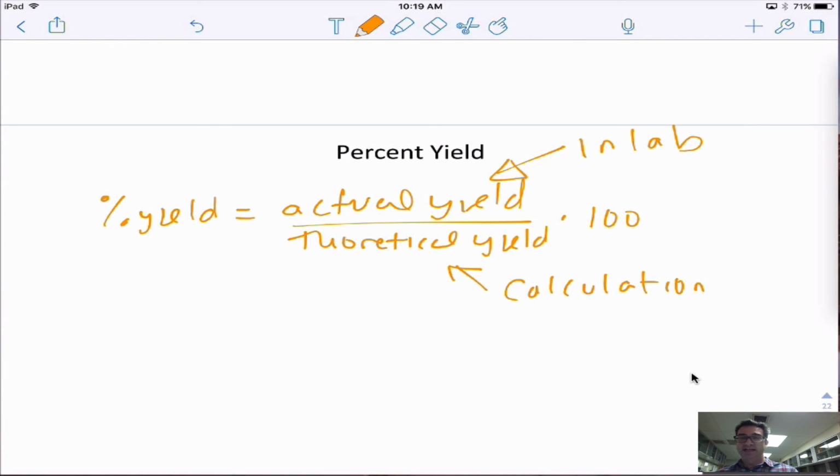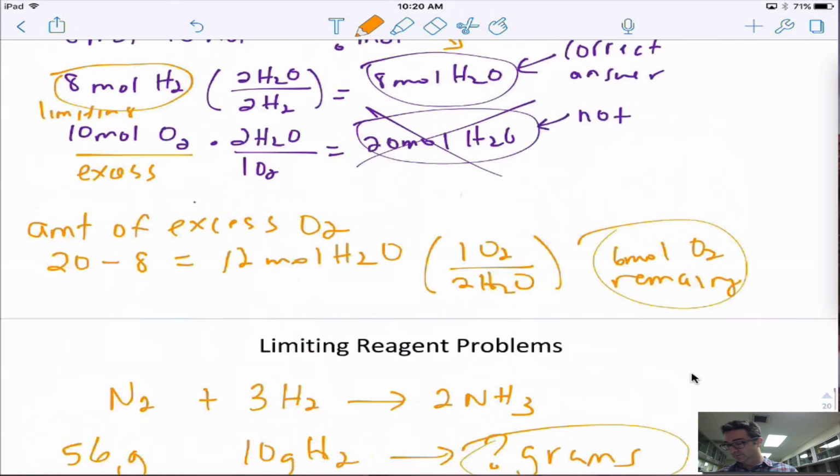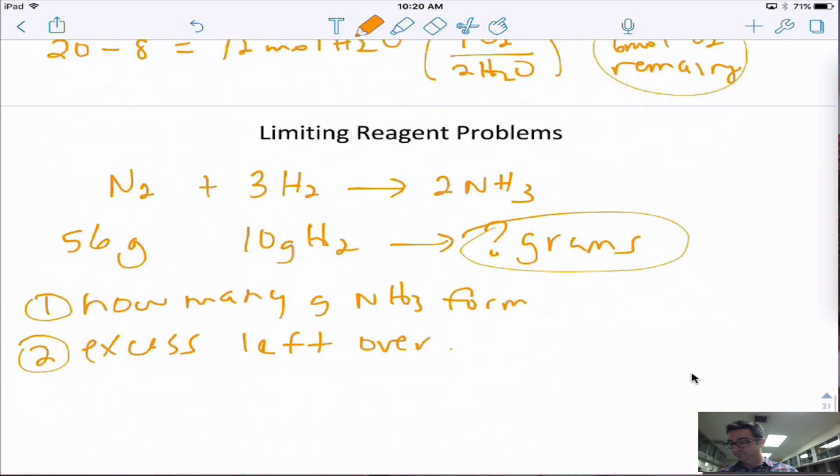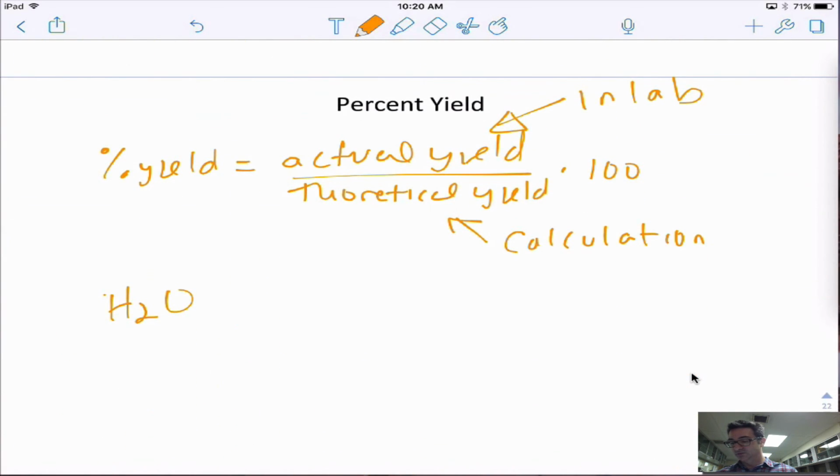So if we look back at our last problem, we had a theoretical yield where we did the H2O. We had a theoretical yield of 8 moles. So we had H2O where we formed 8 moles of H2O. That's what we theoretically had. But let's say in the lab, for example, we form 6 moles.